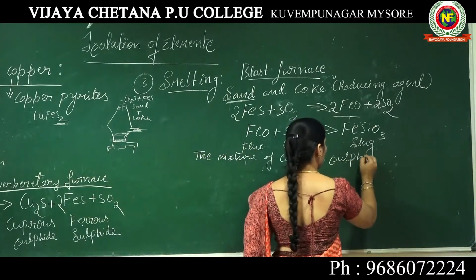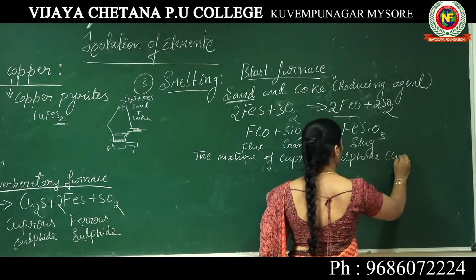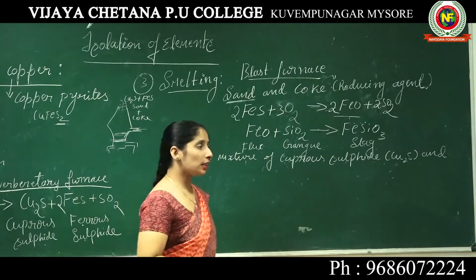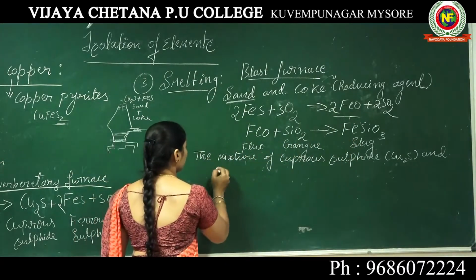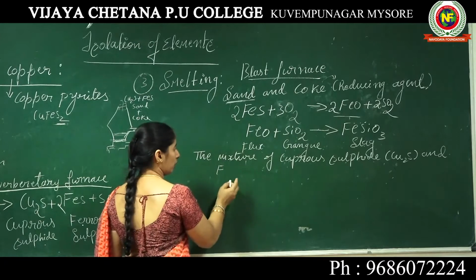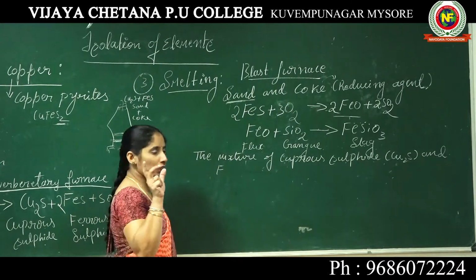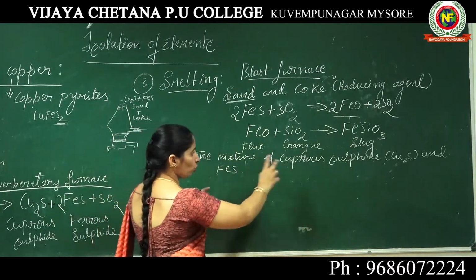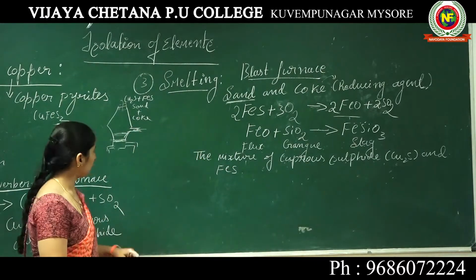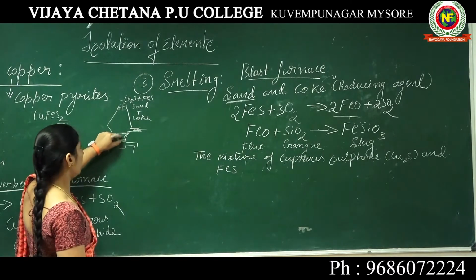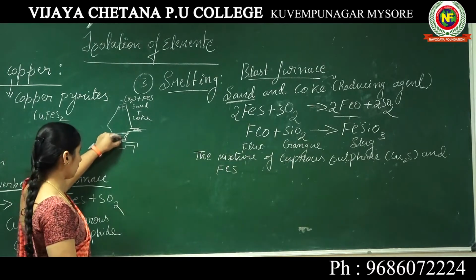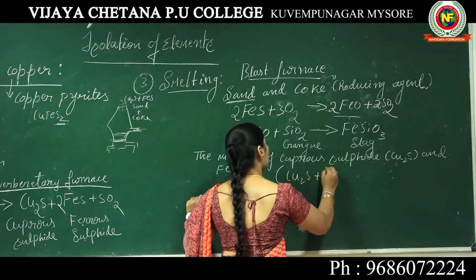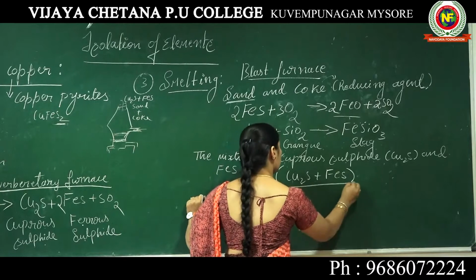A mixture of cuprous sulfide, that is Cu2S, and traces of unconverted ferrous sulfide, that is FeS. These two get deposited at the bottom of the blast furnace. So that mixture is Cu2S plus FeS. This is very important.